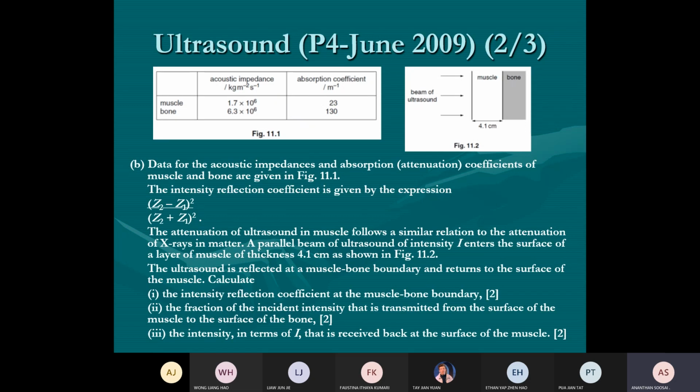The second one has only one absorption, from muscle to bone. What is the fraction of incident intensity that is transmitted from the surface of the muscle to the surface of the bone? Actually, the second one is e to the negative kx, right? So I equals I naught e to the negative kx. Only absorption for the second one.